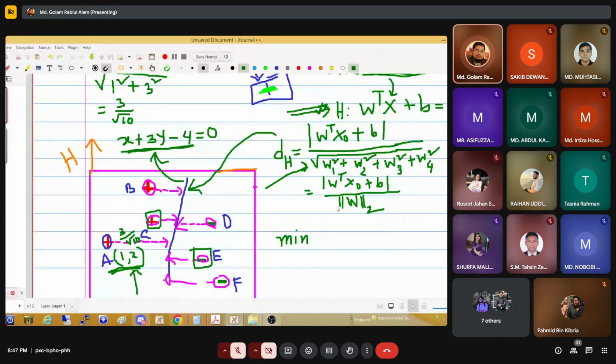If we have n data points in total, then instead of x, we have to consider each and every data point, like A has x0, so for each data point we consider 0, 1, 2, 3, up to n: W transpose x plus b, divided by the norm 2.